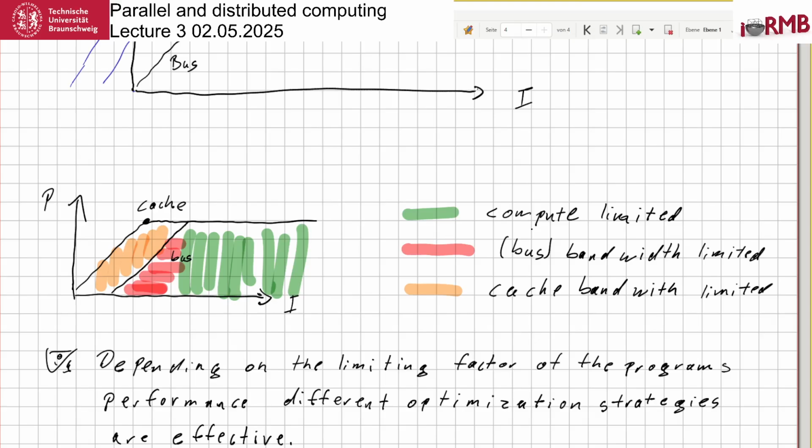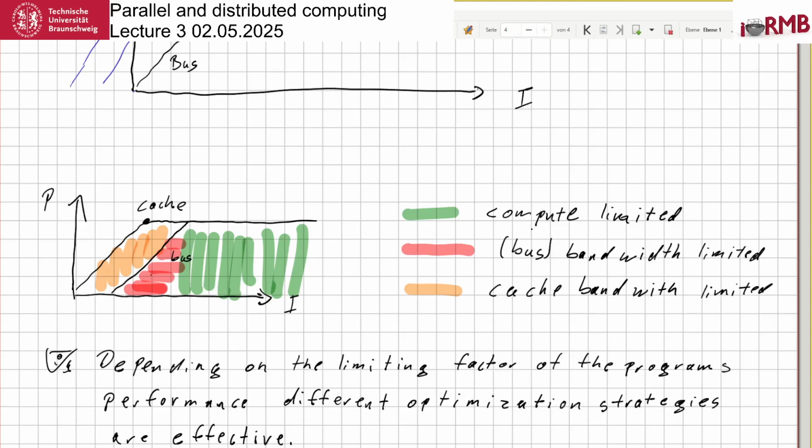But if you are below the roof, first of all you have to optimize somehow the structure of your program. I mean, you will always be below the roof, but there's an acceptable amount of being below the roof and an unacceptable amount. So you always try to get close to the roof first, yeah?